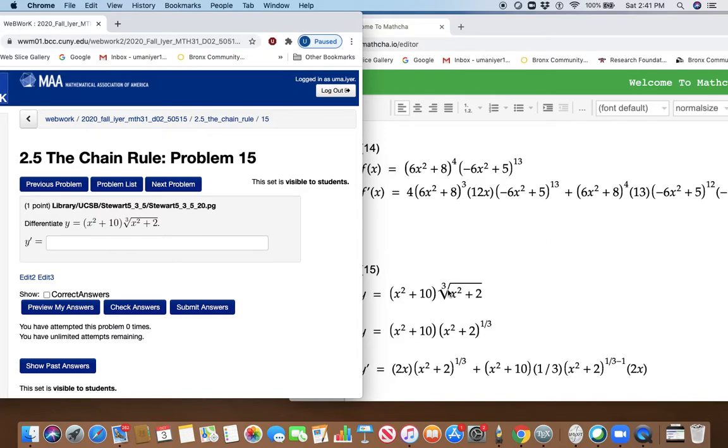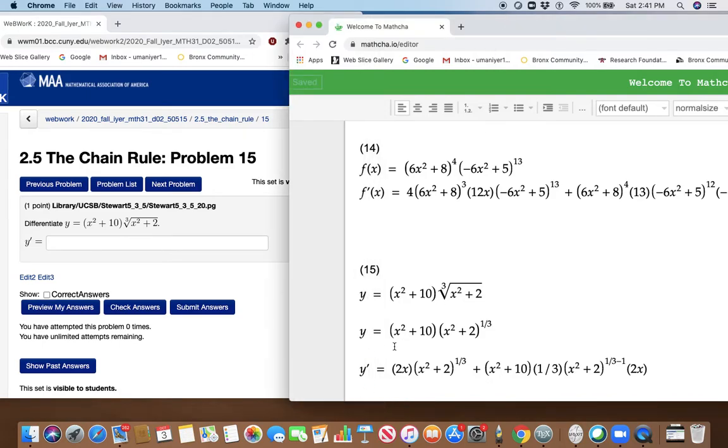So cube root is power 1/3. Okay, so that's why, sorry, derivative of the first, this guy, derivative is simply 2x, second as it is, plus first as it is, derivative of the second, 1/3 comes down, and the power is reduced by 1, object inside is the same, then derivative of the second, the object inside.